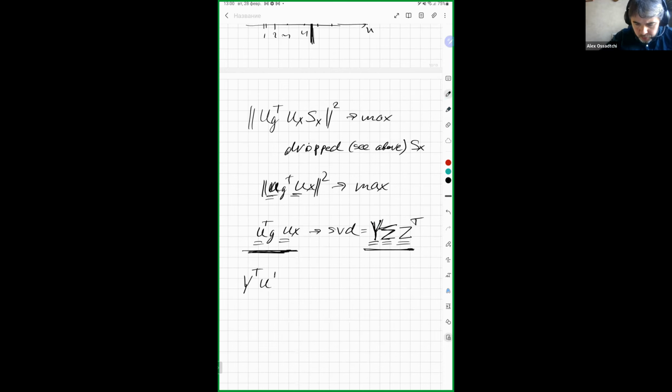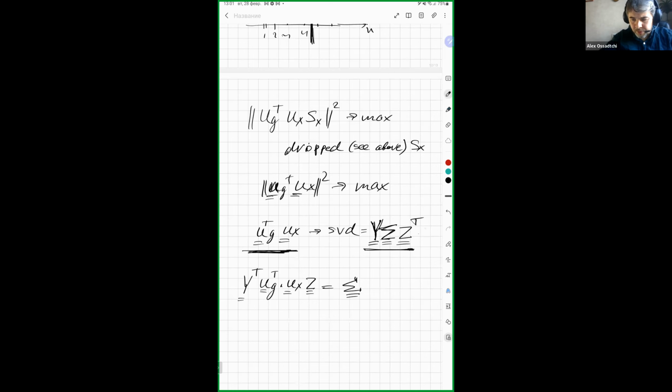Y transpose, U transpose G, G multiplied by UX, Z, right? My matrix is equal to sigma. Agreed? From here to here, right?